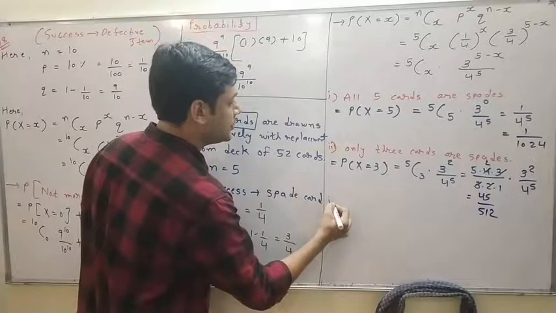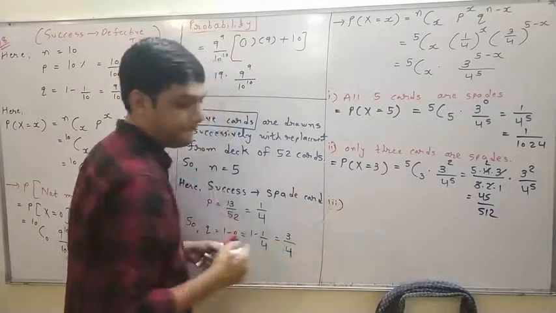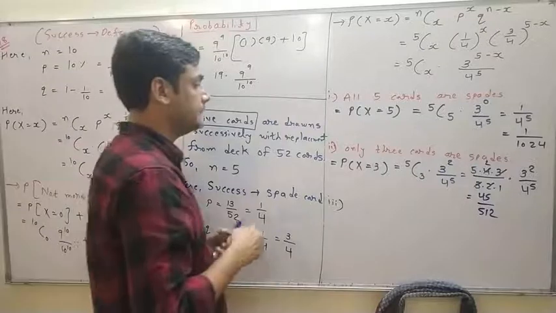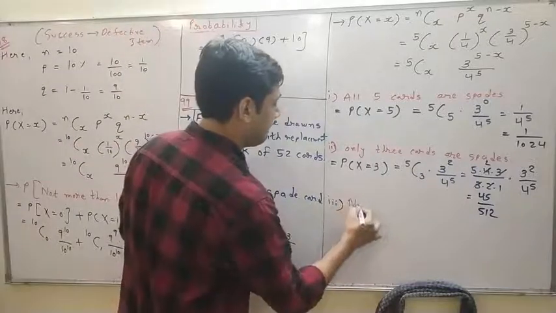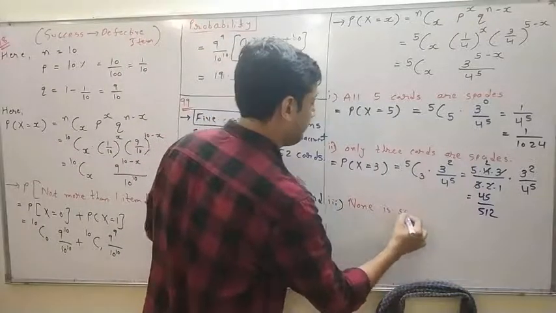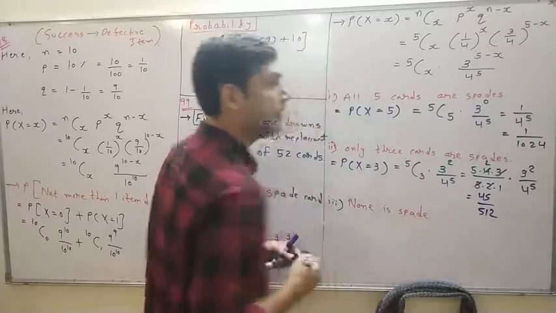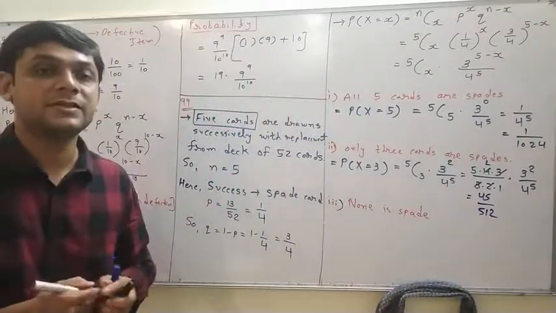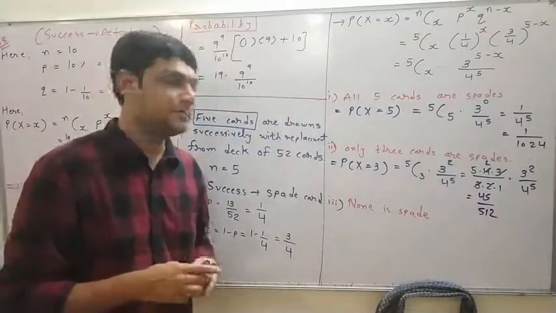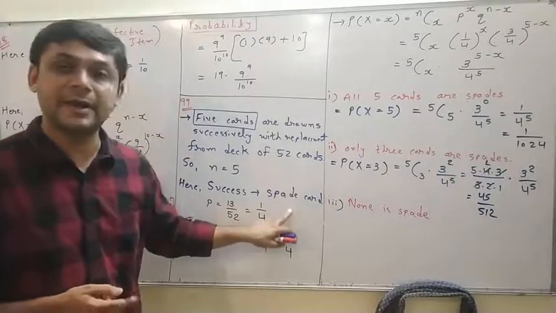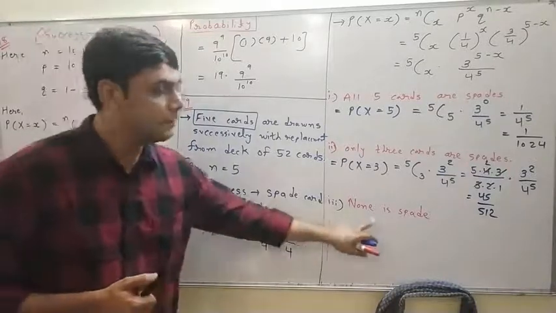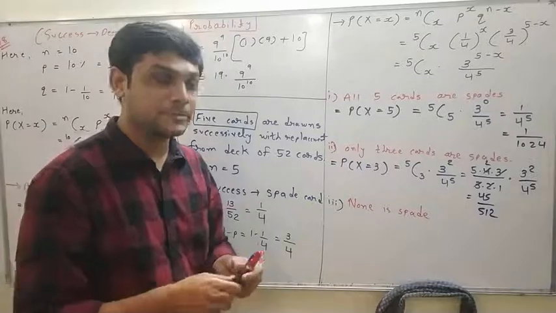And question number 3: none is spade. Means here number of successes is 0. We took success as a spade card being selected, so not even one spade card should be selected, means number of successes is 0.